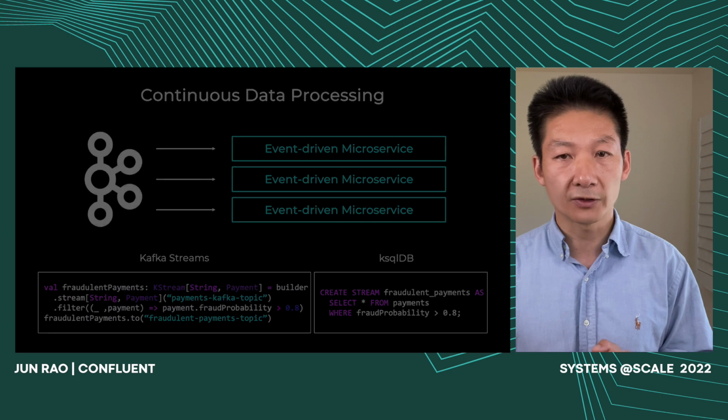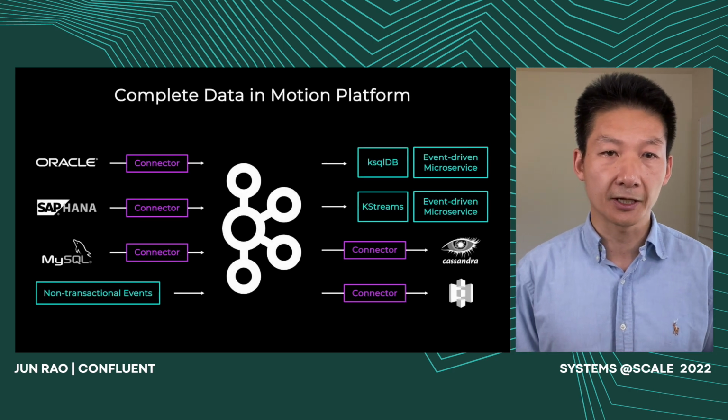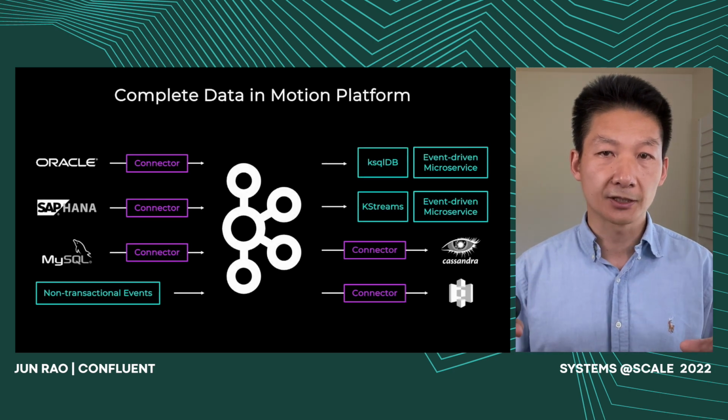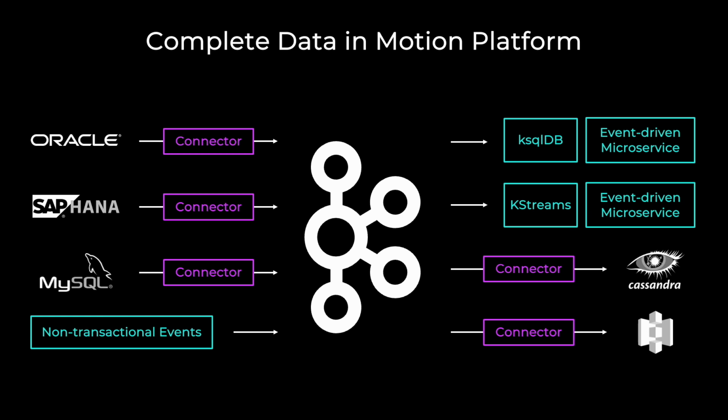So with all these three components I mentioned earlier, we now have a complete data in motion platform. In the middle, we have our storage system that allows us to store and deliver data in real time, and also store and deliver data at scale. With the integration layer, we can connect Kafka with the rest of the ecosystems in the world, whether it's getting data into Kafka or getting data from Kafka into other systems.